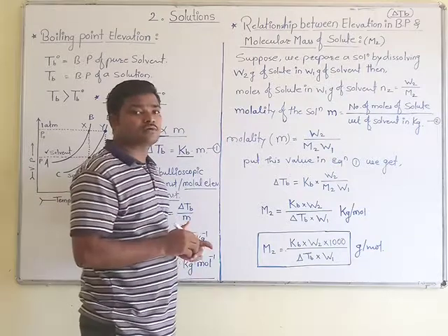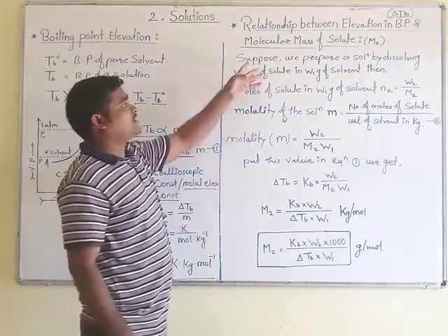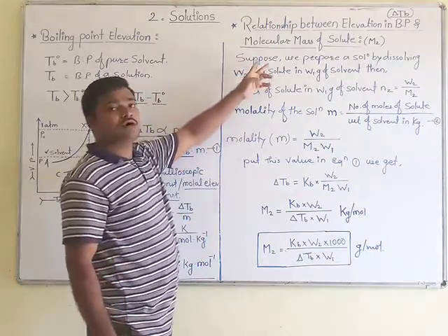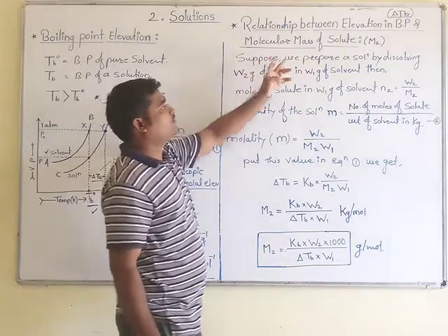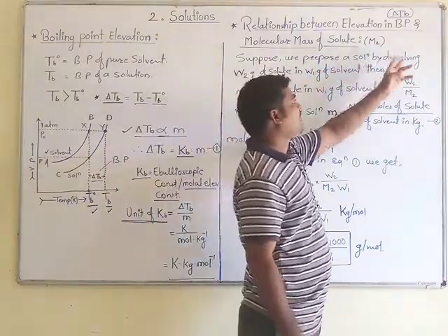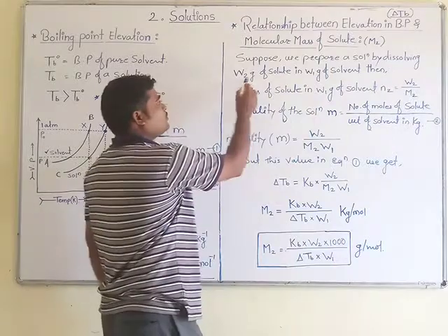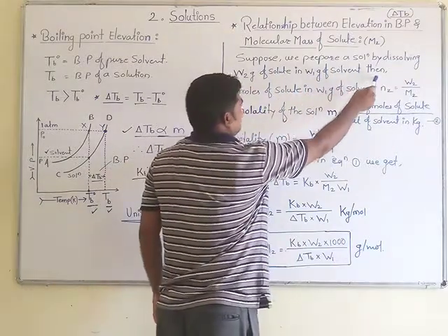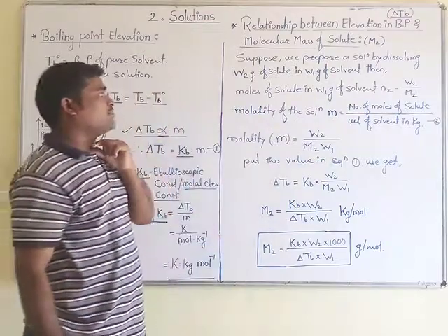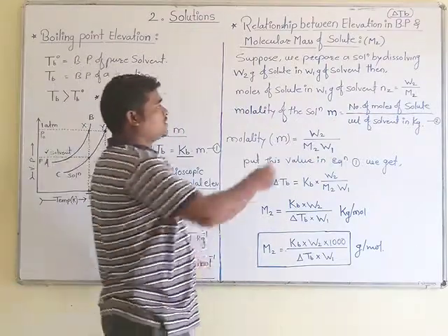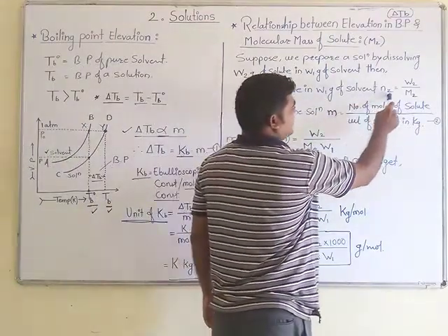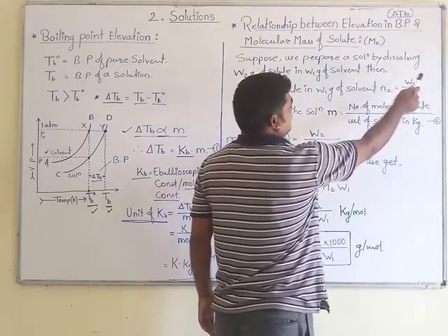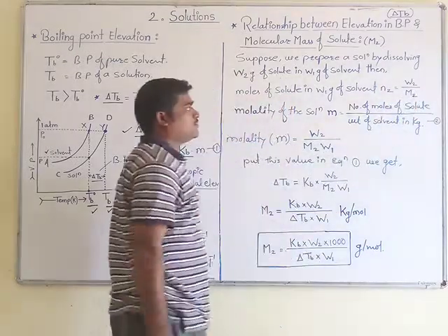Then you will get an idea of how that equation is derived. For the derivation, suppose we prepare a solution by dissolving W2 gram of solute in W1 gram of solvent. Then the number of moles of solute, N2, is equal to W2 upon M2.